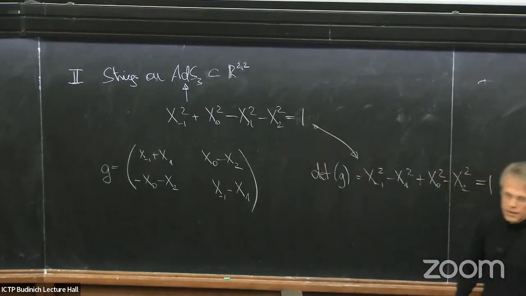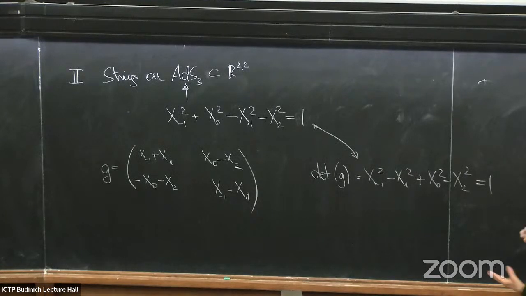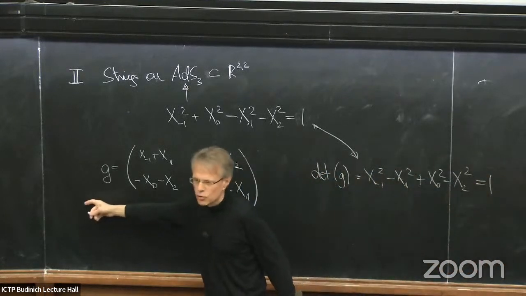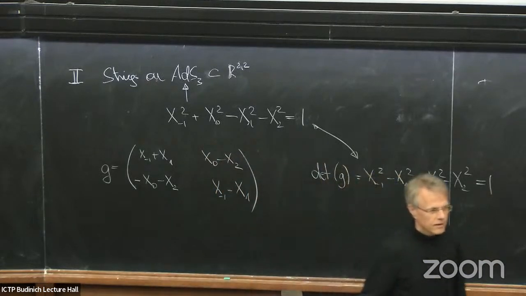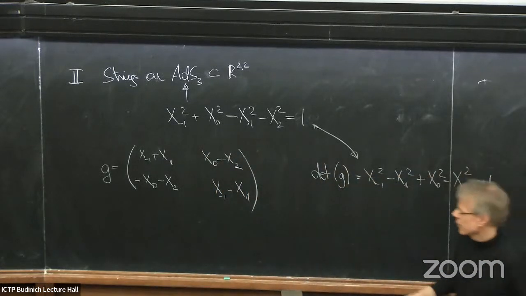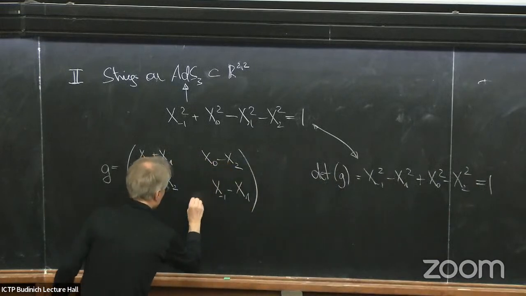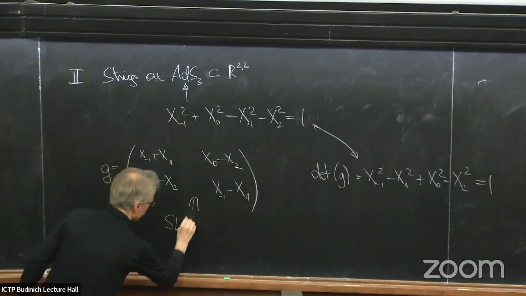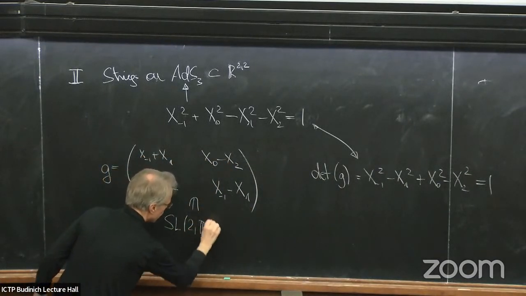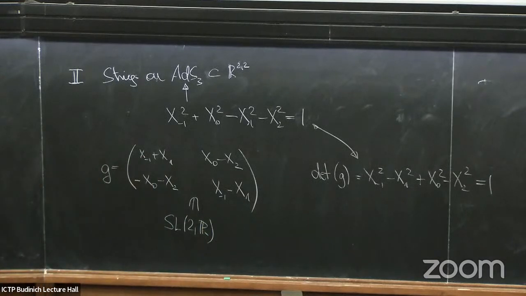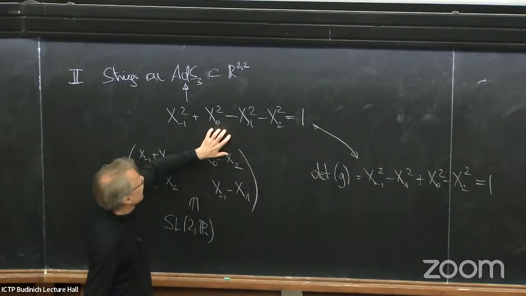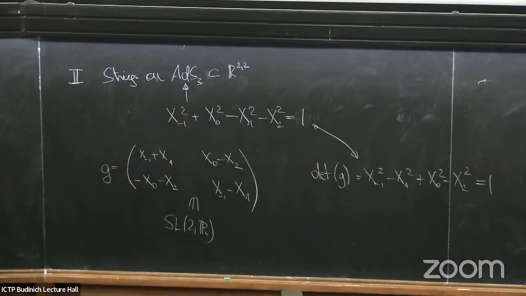Describing this hypersurface in R^{2,2} is in one-to-one correspondence with looking at 2 by 2 real matrices that have determinant equal to 1, that is, an element of SL(2,R). The determinant condition is exactly the hypersurface condition for AdS3.